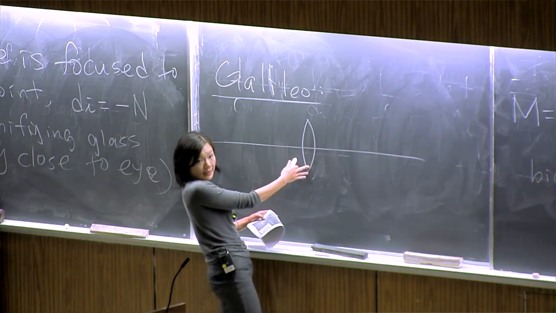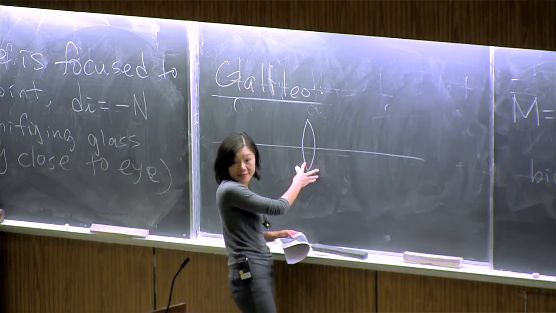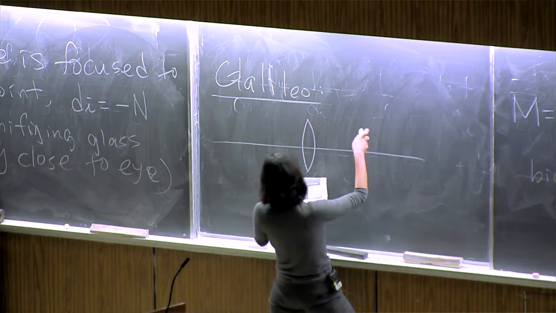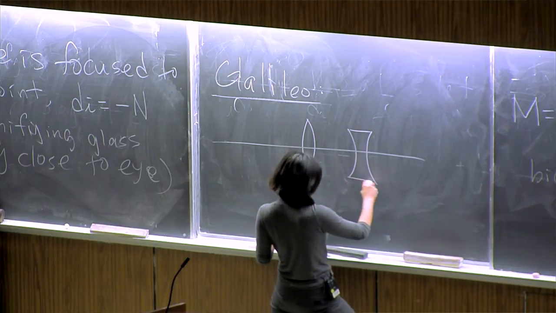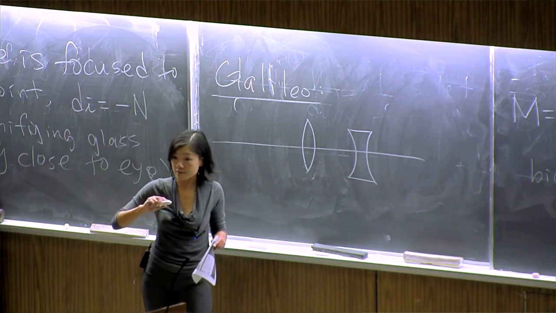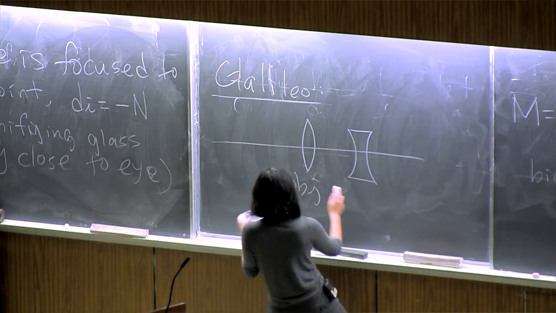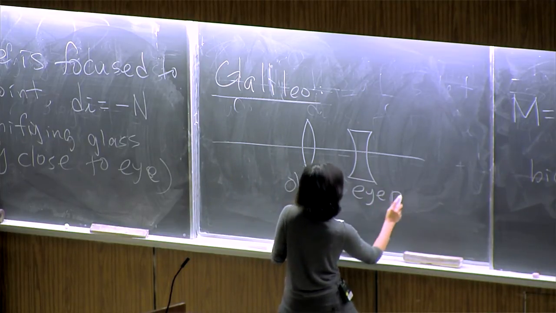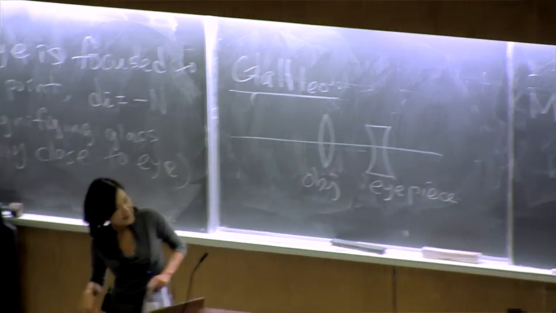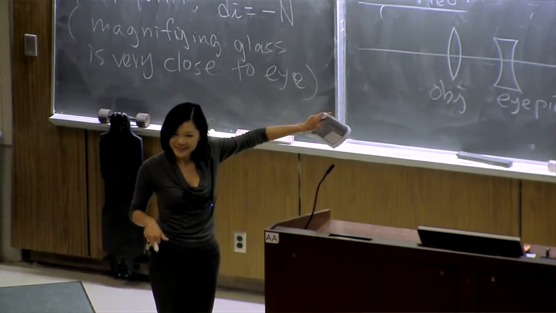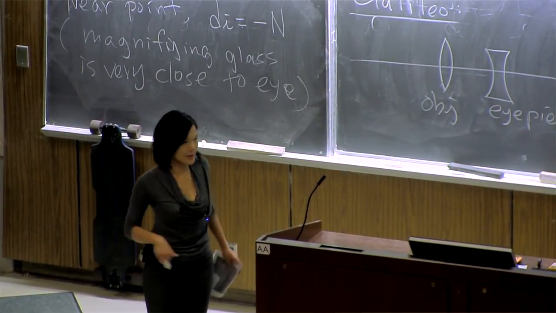You have a convergent lens, which is again the objective lens, and the eyepiece, in this case, is a divergent lens. Again, you can try to draw the light rays and convince yourself that in the end the final image is upright.